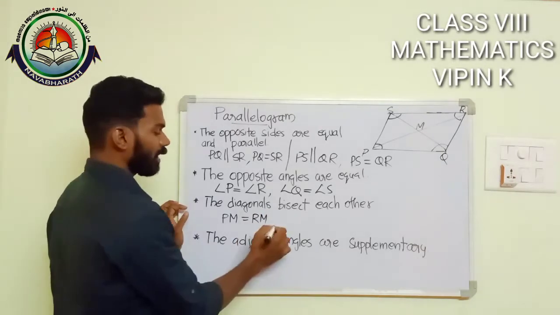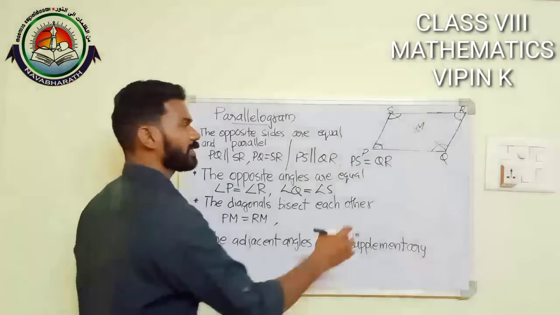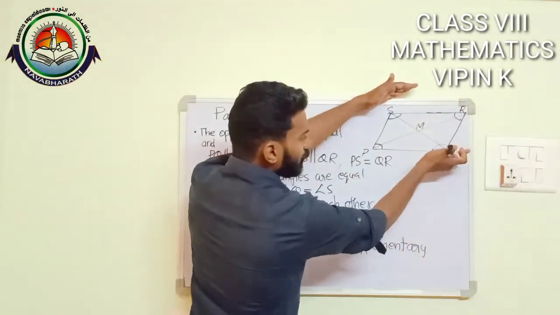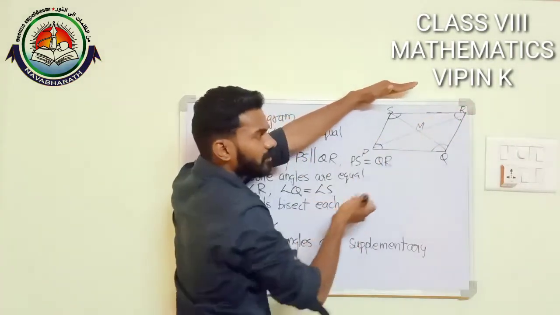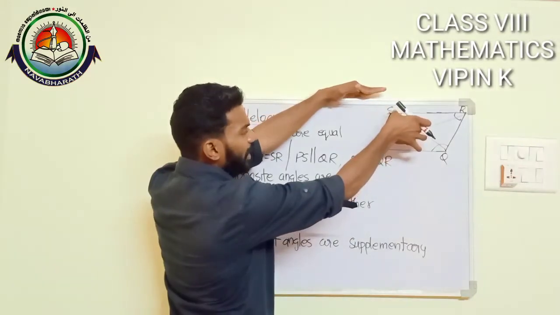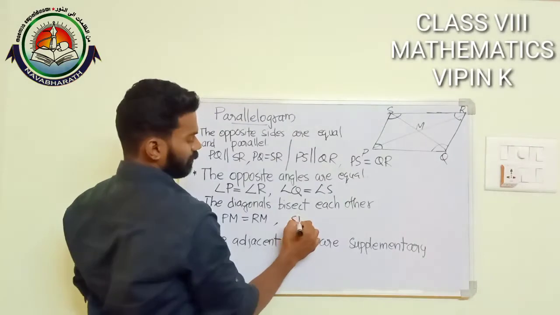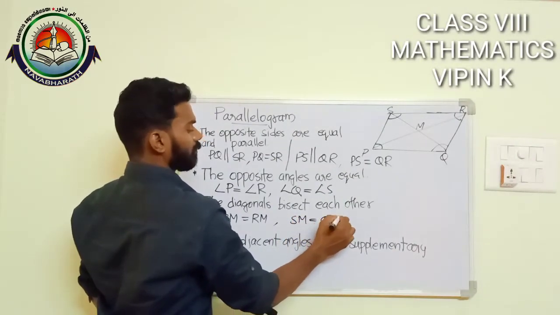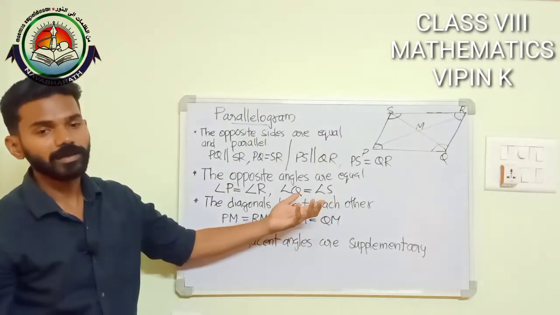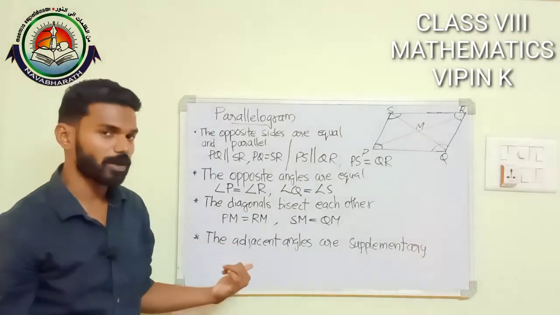Now the second diagonal, SQ, is also bisected by PR. SQ is divided into two equal halves by diagonal PR, so the length SM and the length QM would be equal. Clear? These are the properties of the diagonals of a parallelogram.